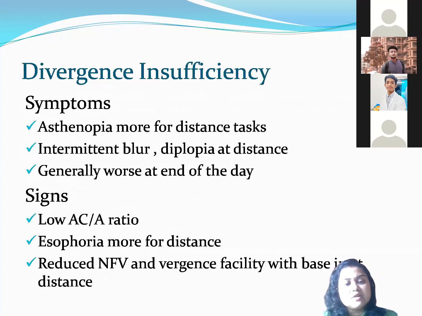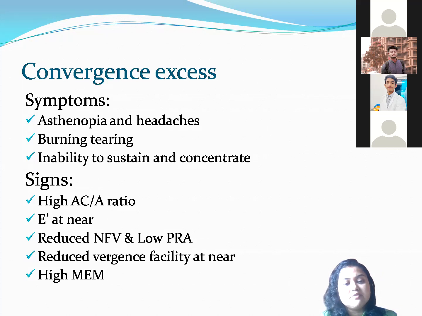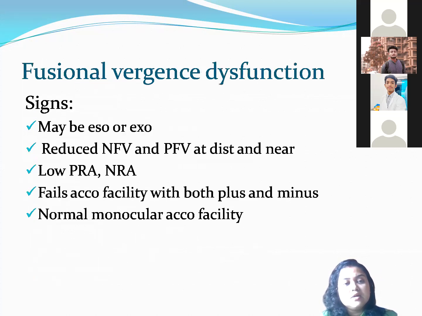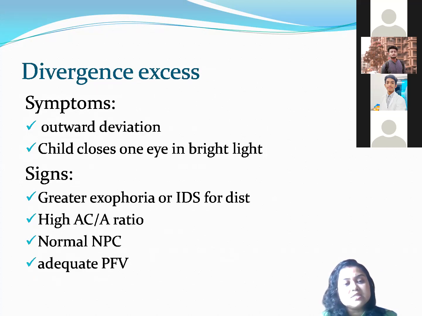So we have discussed divergence insufficiency and convergence excess. We have also discussed divergence excess and fusional divergence dysfunction. In divergence excess, there is a greater exophoria or intermittent divergence squint for distance, and at near there may be an exophoria, but near exophoria will be much lesser than the distance exophoria.